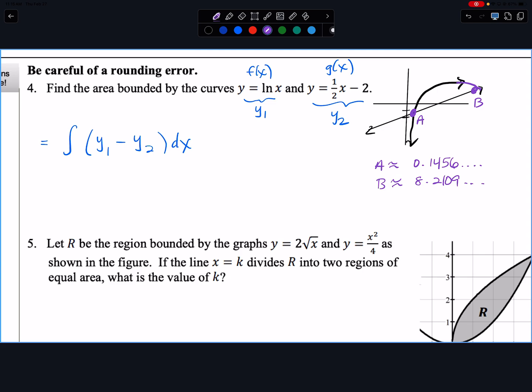For your work, then you're going to say calculator. The integral from A to B of y1 minus y2 dx. Because remember, this was your top function. This was your bottom function. Your calculator has everything saved, so this is what you type into your calculator.